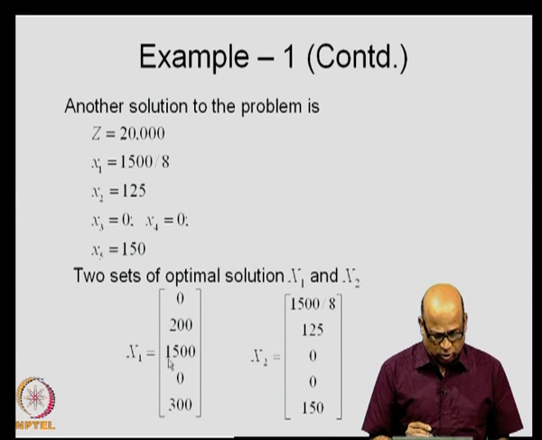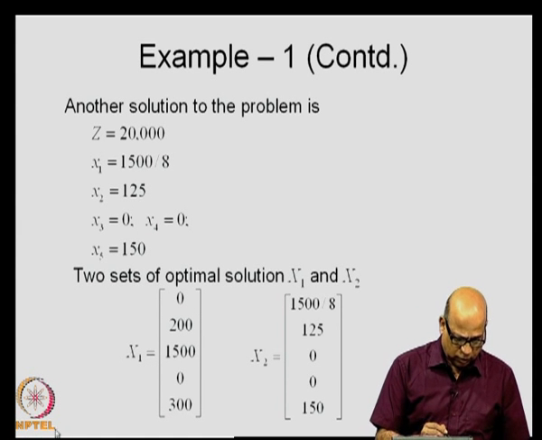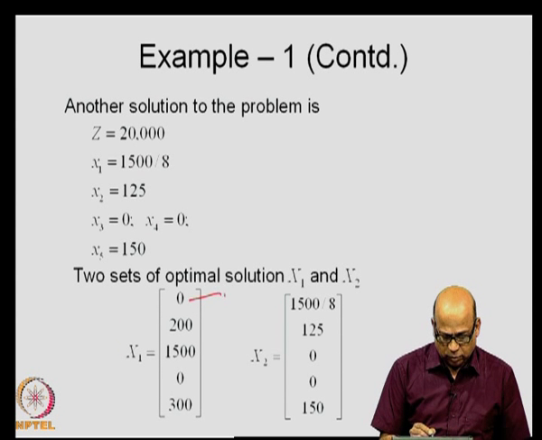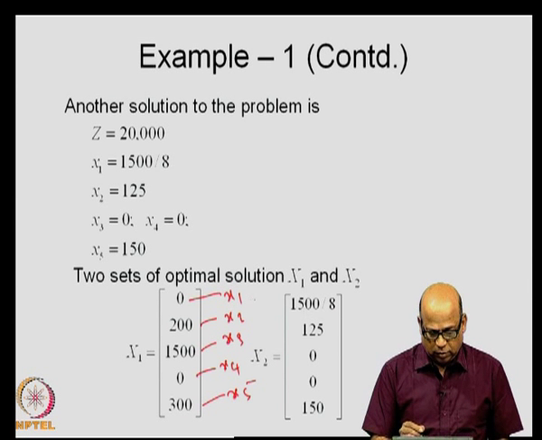We will call them as X1 and X2. So, the two solutions are X1, which is this is the value of x1 here, small x1. So, this is x1, this is x2, x3, x4 and x5. Similarly, these are the x1, x2, x3, x4, x5.